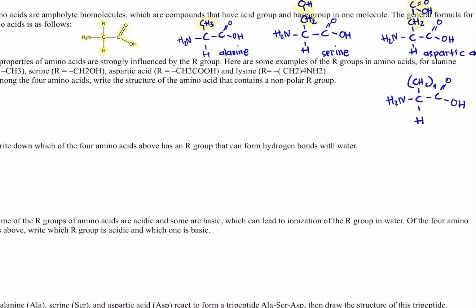So this is having 4 CH2, and then this one here is attached to the amine. So this is also a polar group because there is an NH2 over there. So lysine is polar, having a polar R group. So in that case, the amino acid that contains a non-polar group is actually alanine. So here is the alanine.